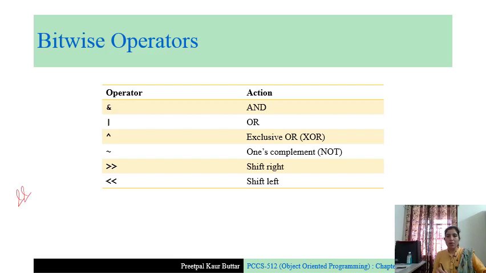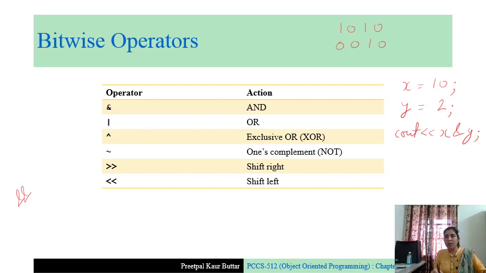So for example, x equal to 10 and y equal to 2. What will be the result of x bitwise AND y? For example, x is represented in the computer's memory using 1010 and y is represented using 0010.